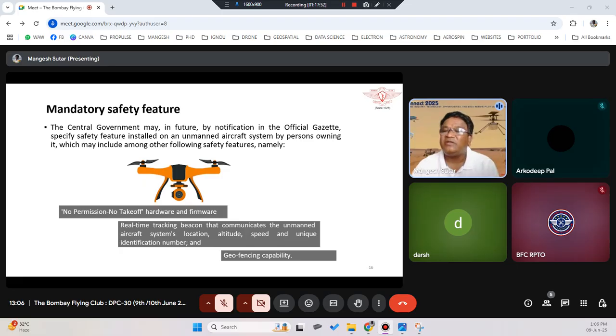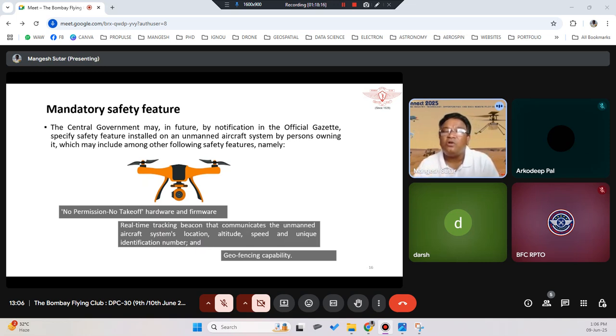So all the type certified drones, I think there are 100 plus type certified drones as of now, they all have the geofencing capability implemented. Geofencing means you are setting up a virtual horizontal boundary so that your drone doesn't go outside that. When you define geofencing for your drone, your drone will not go outside that boundary.